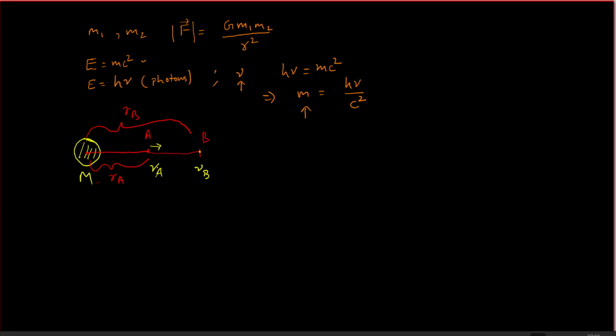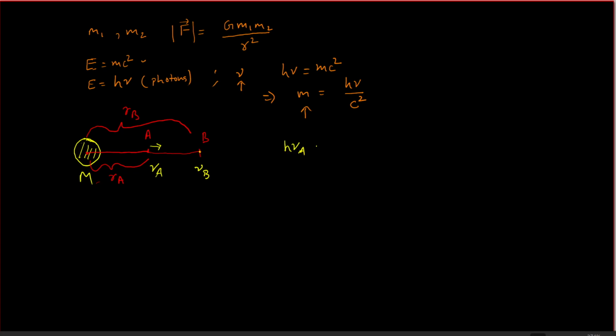Since this photon is moving in a conservative force field, the energy of this photon at point A and its energy at point B must be the same. Energy at point A: first of all, this photon has energy h nu A, which is its intrinsic energy, and secondly, it has potential energy due to gravitational force.